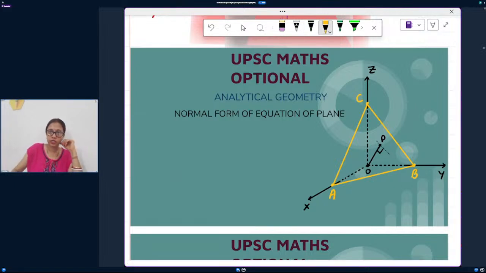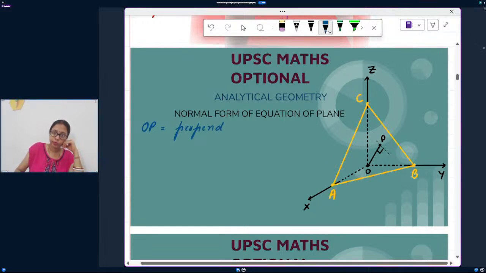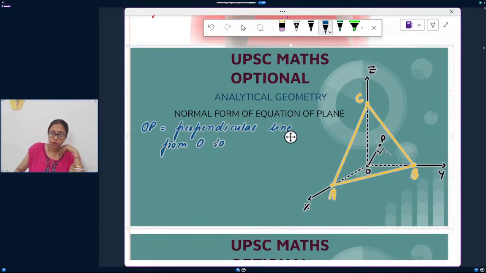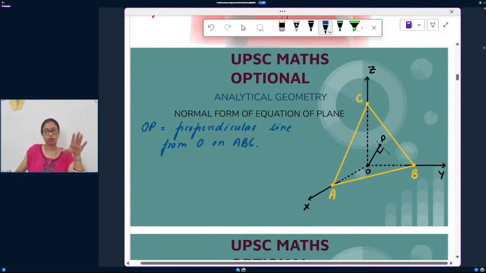So I have considered OP as perpendicular line from O on plane ABC.